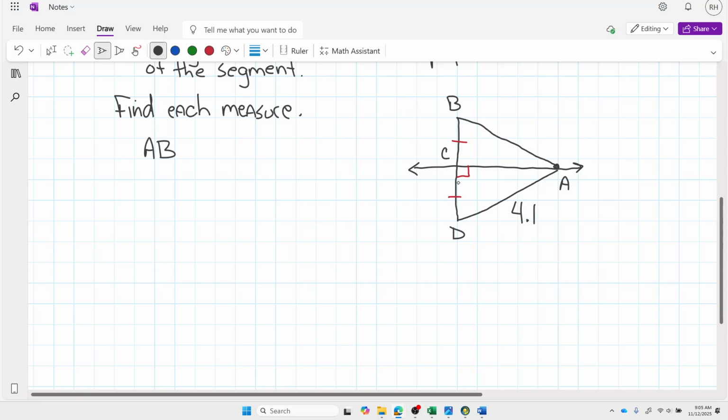All right, so look at this picture. You've got this horizontal line that cuts segment BD into two equal pieces, and it intersects it at 90 degrees. So it's a perpendicular bisector, right? It's just going the other direction. That means that point A is the same distance from B as it is from D. So how far is it from A to B? Good, 4.1.